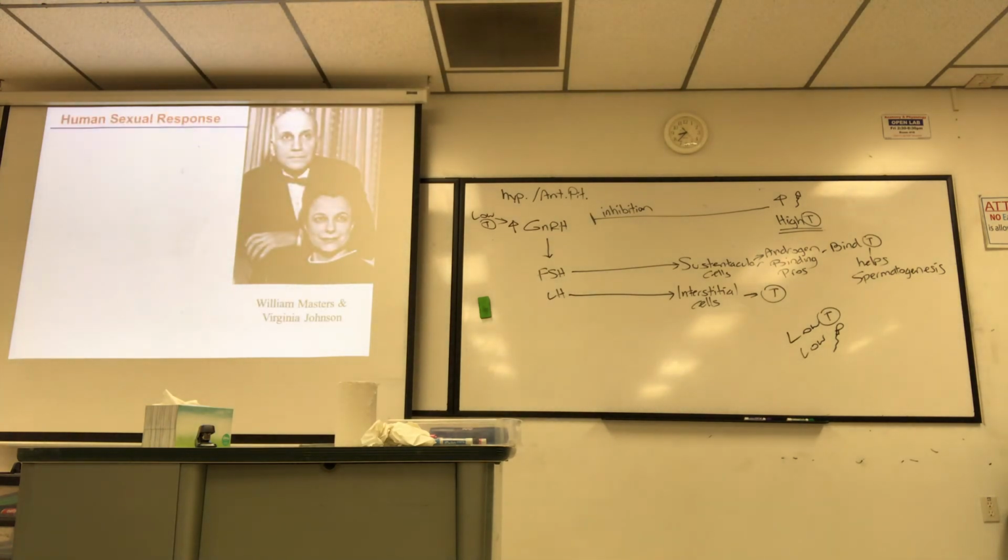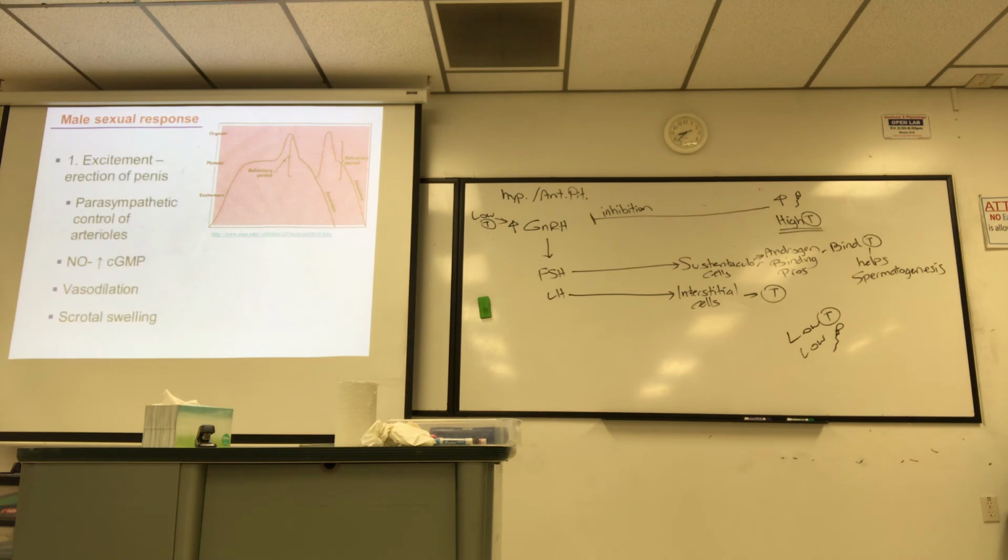This was first looked at scientifically by Masters and Johnson. In every book I've ever read, they just base it off their research. What they observed is excitement, plateau, orgasm, resolution in men and women. Although it is a little bit different in men and women, they go through those same phases.